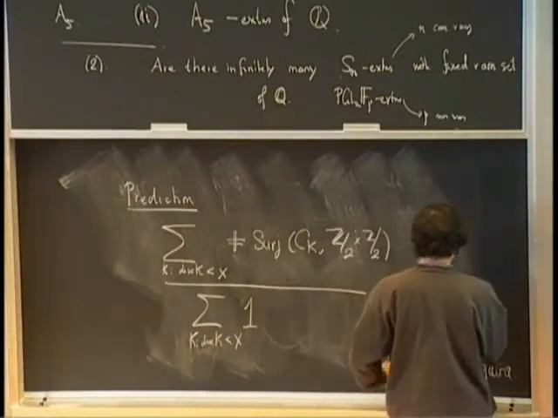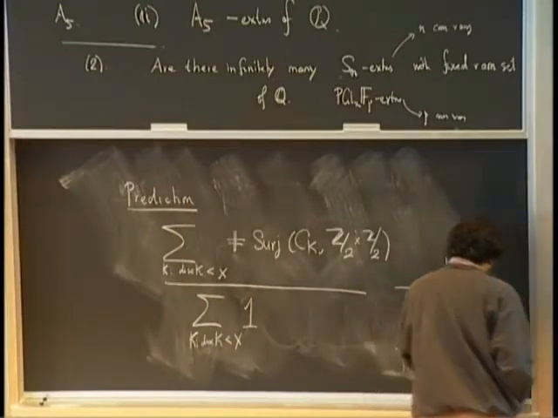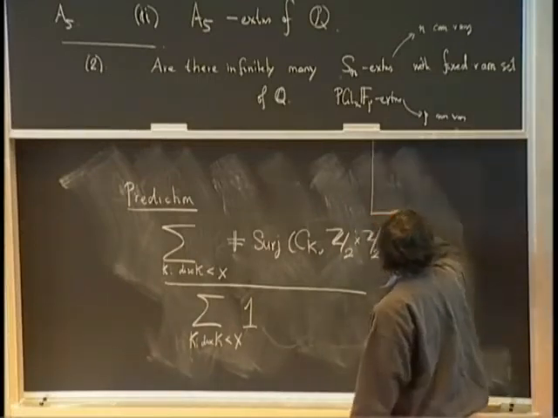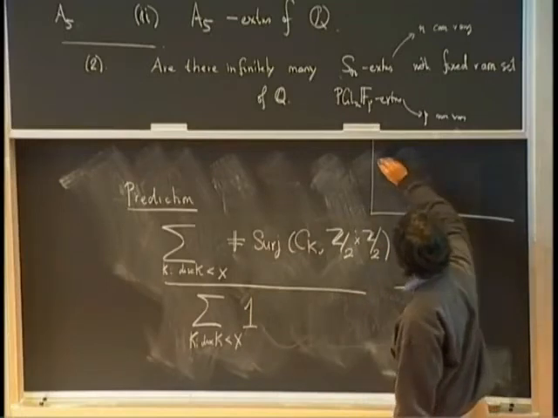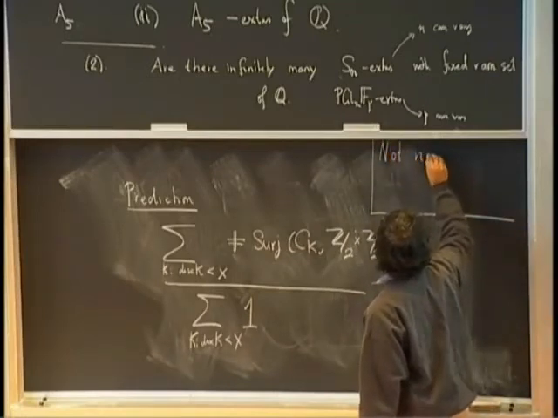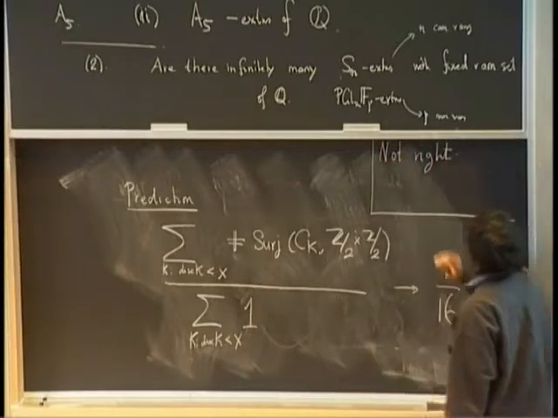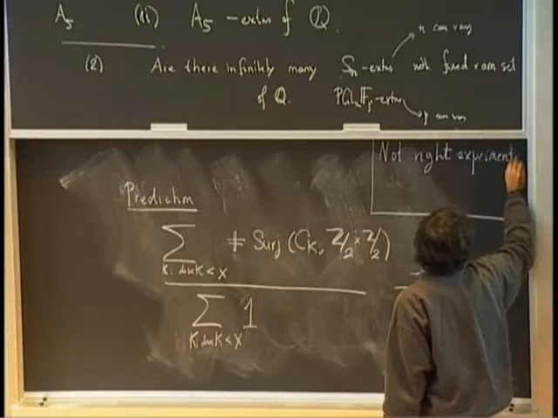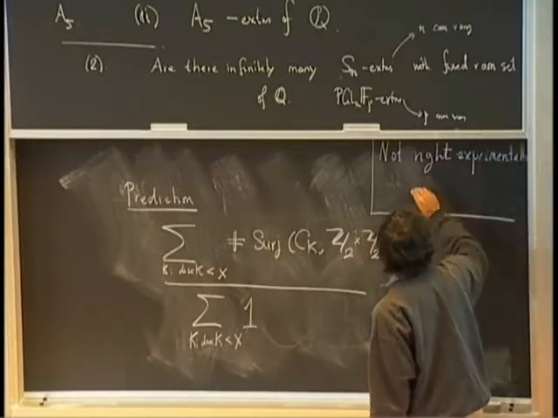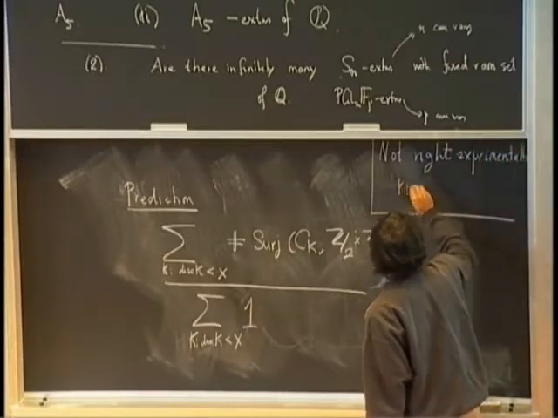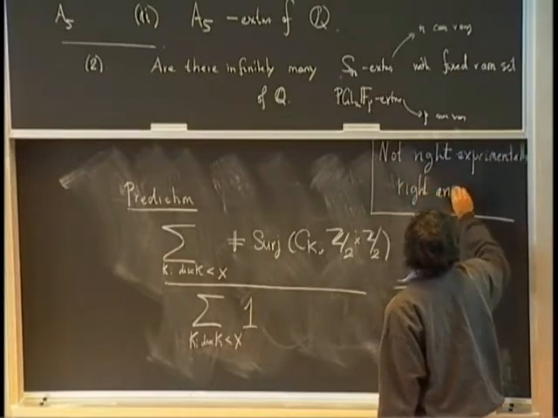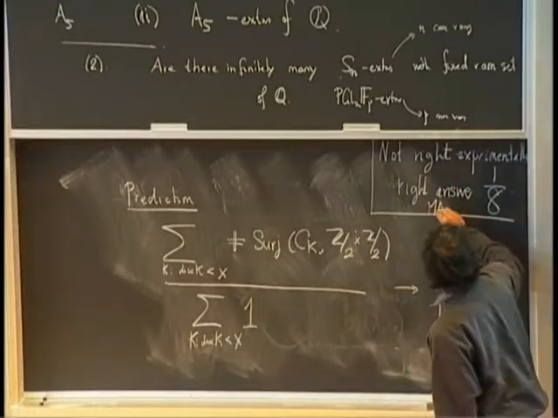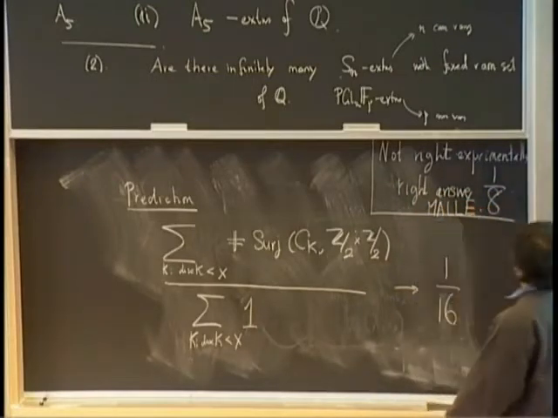This prediction, as has been noticed for a while, seems to be wrong, and Malle has given a lot of evidence, experimentally, that the right answer seems to be 1/8. All this is experimental, but the data here is due to Gunter Malle.